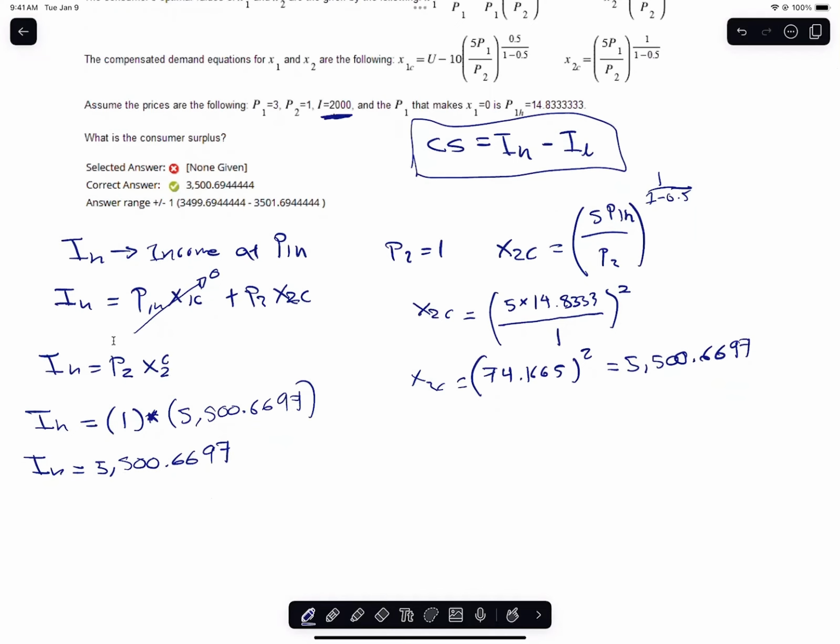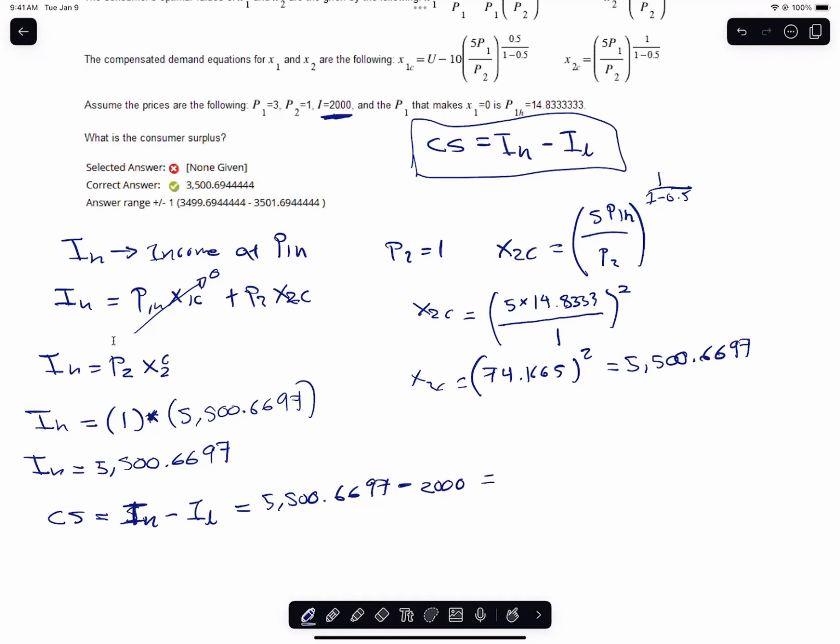So consumer surplus then is going to be, again, let me just put it in general, IH minus IL. So now plug in 5,500.6697 minus the income of 2,000.